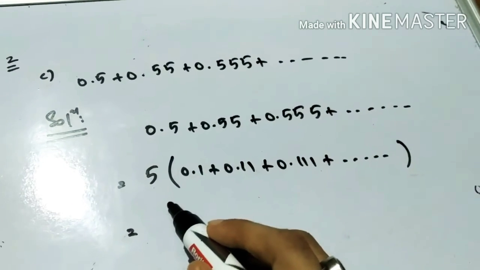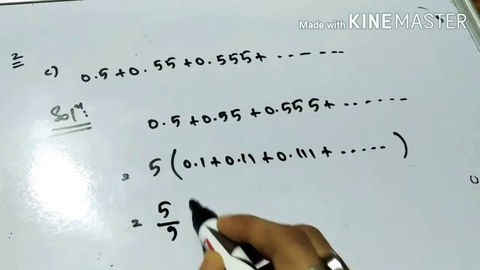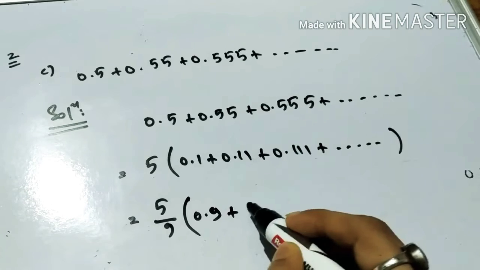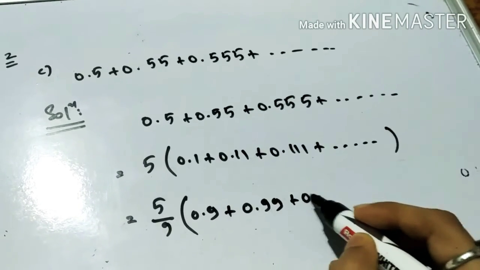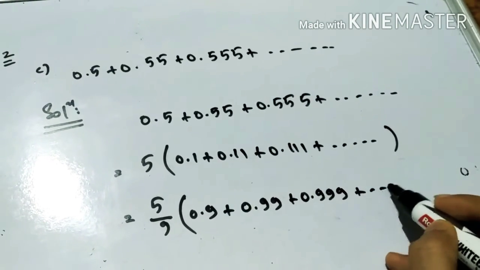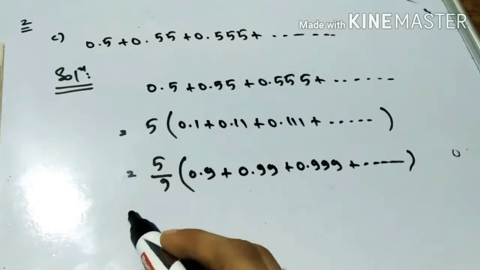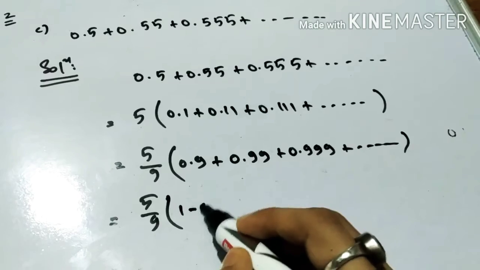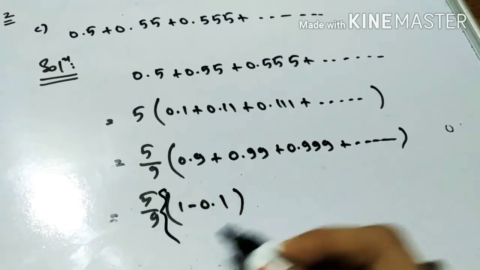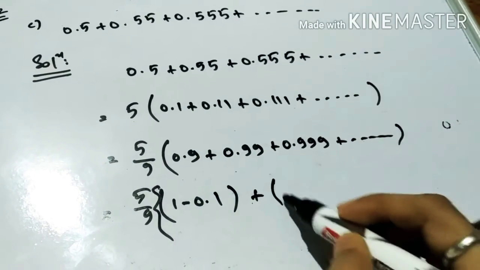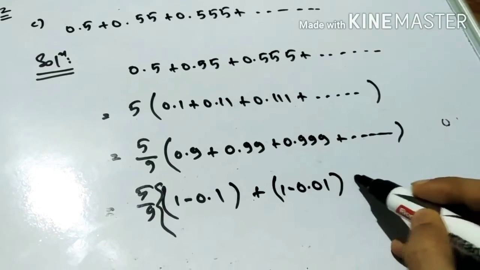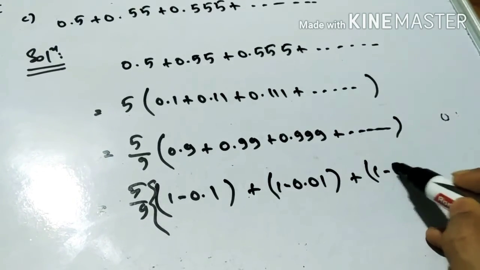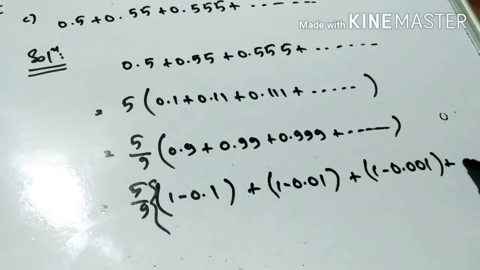So this is 5 by 9, multiplying both sides by 9: 0.9 plus 0.99 plus 0.999 plus dot dot dot. Finished. Now this one I can write as 1 minus 0.1, this one as 1 minus 0.01, plus this one as 1 minus 0.001 plus dot dot dot.